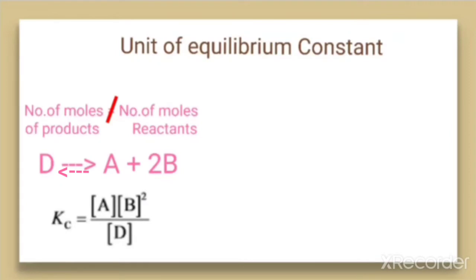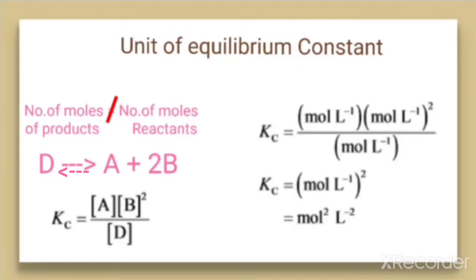Now the unit for concentration is mole per liter. So when you substitute here in this equation, the concentration of A has the unit mole per liter. Concentration of B to the power square means mole per liter whole square, divided by mole per liter, because for the concentration of D the stoichiometric coefficient is 1, so the power is 1.